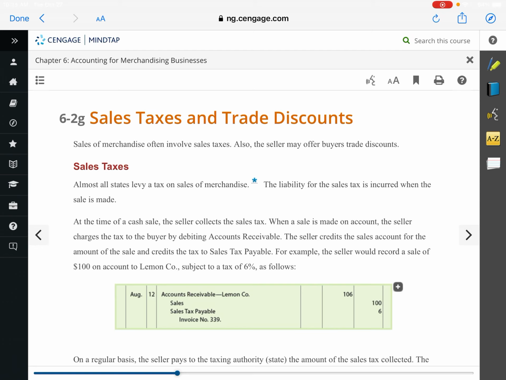Now, how do we account for freight? First of all, who maintains ownership as it's being transported? Well, FOB shipping point means that ownership transfers to the buyer when it is actually shipped. So I'll show you. They pay for the freight, but they're passing the cost on to the buyer, so the buyer is obviously going to pay us back.